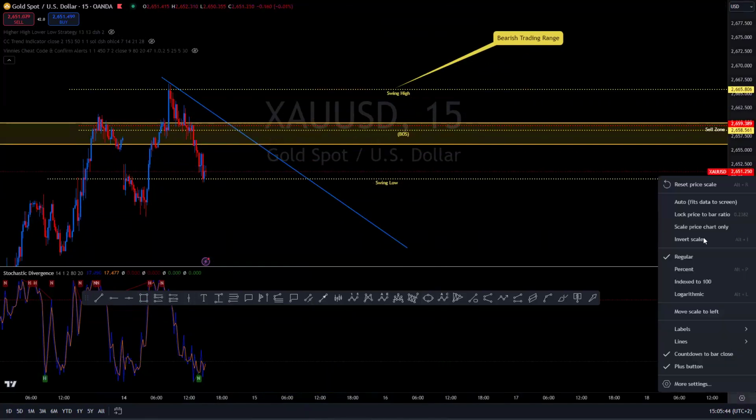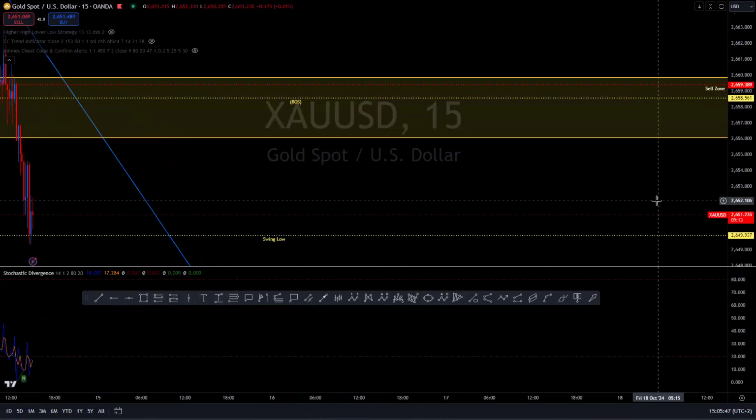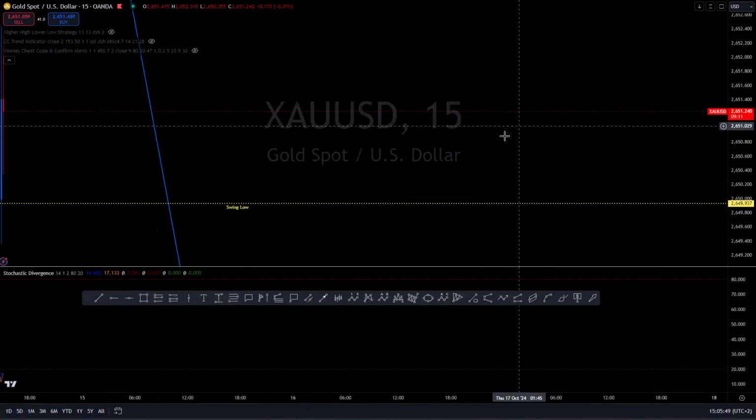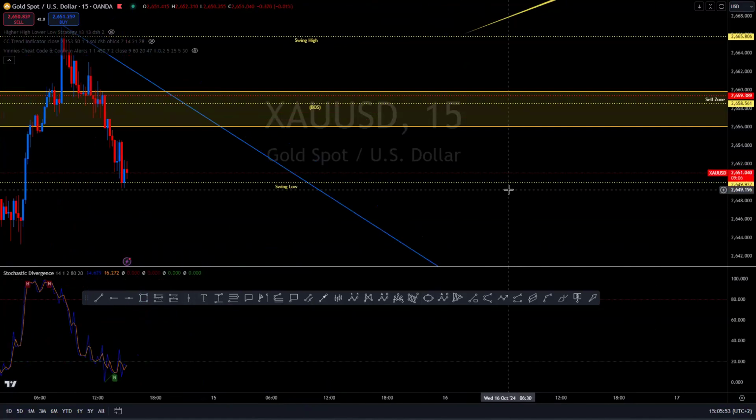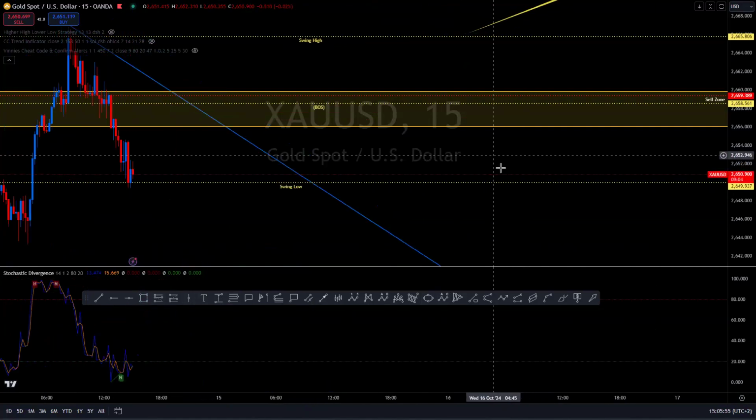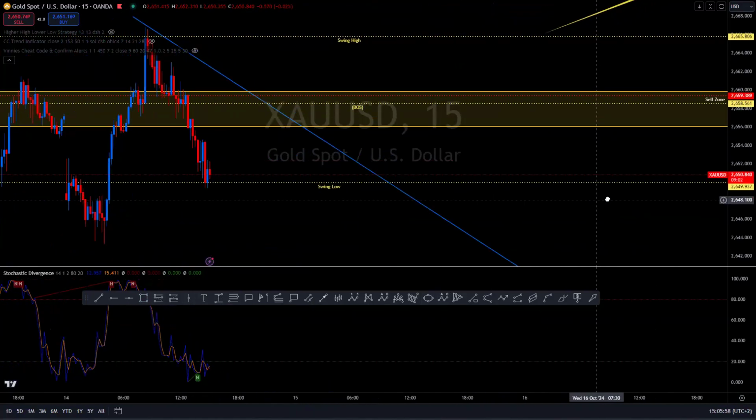So let me zoom in a little bit here so we can see the price better.